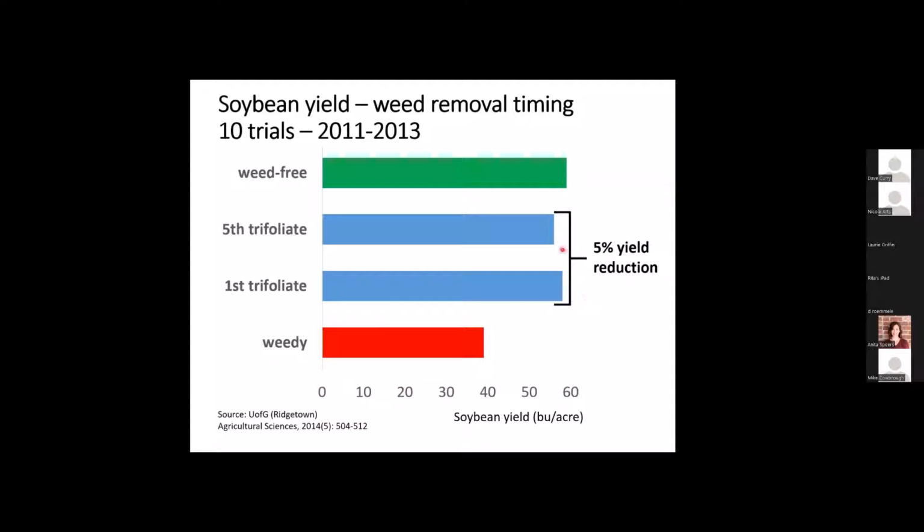In this case, though, delaying weed removal after the critical period only resulted in a 5% yield reduction. And so I think what this demonstrates is there is a range in impact, and I'll speculate on why that is. The anchor, though, is that the crop needs to be weed-free at the beginning of the first trifoliate stage.